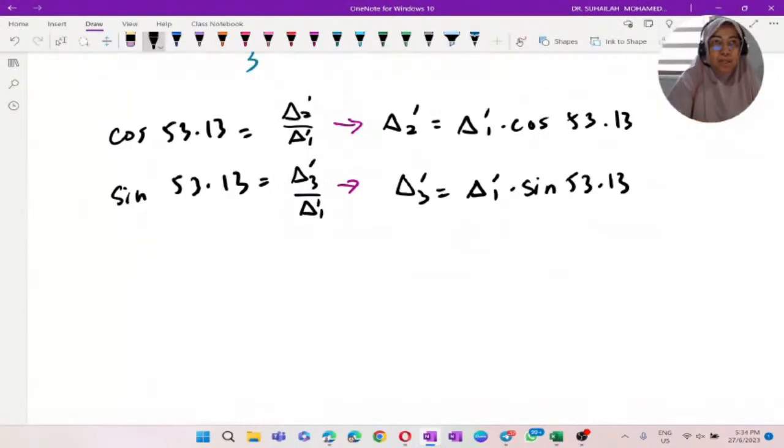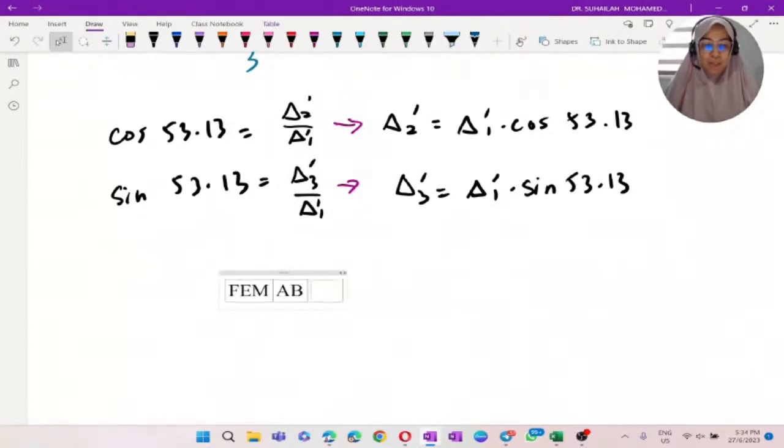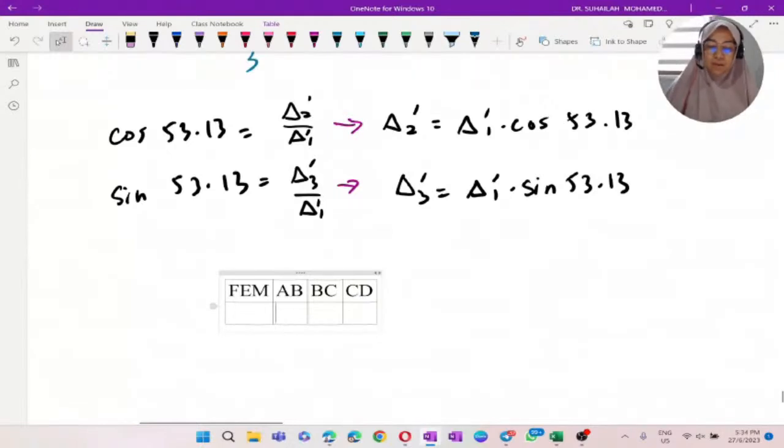In the table, I list here the members: FEM, member AB, BA, BC, and CD.